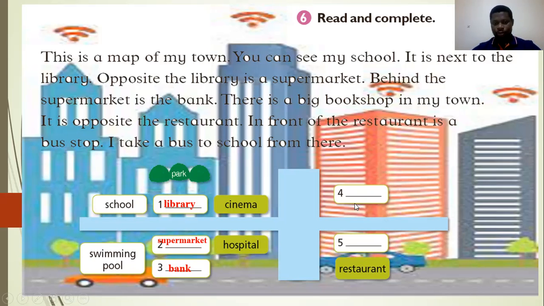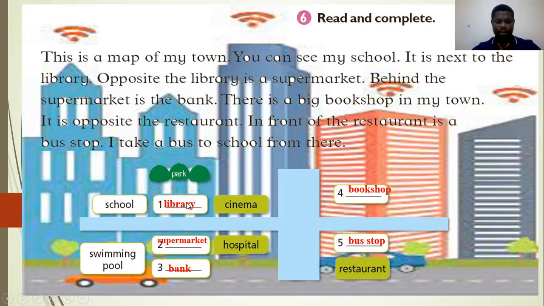So here is the bookshop, a big bookshop. Opposite the bookshop is the restaurant. This is the restaurant, and in front of the restaurant is a bus stop. Here we have a bus stop. So that makes that paragraph complete.